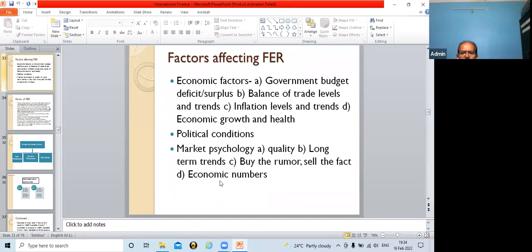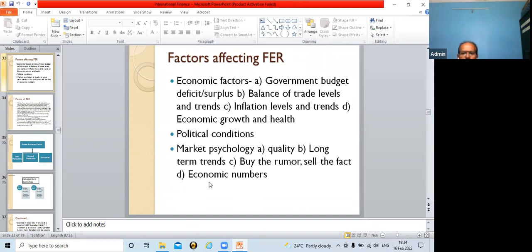So GDP, GNP, then BOT stands for balance of trade, BOP, balance of payment. These are the economic numbers. On the basis of that, one can get a vibe of the foreign exchange rate.